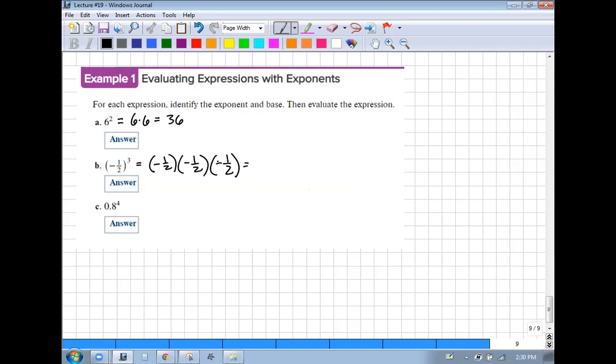A negative times a negative times a negative gives us a negative. 1/2 times 1/2 times 1/2, 2 times 2 is 4, times 2 is 8. So this would be negative 1/8. 0.8 to the 4th power, that's 0.8 times 0.8 times 0.8 times 0.8. So if we plug that into our calculator, this is 0.4096.